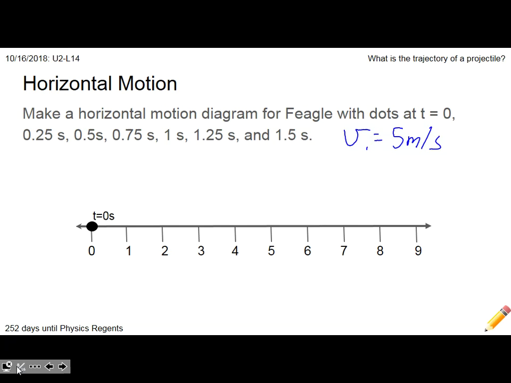Okay, so it starts at 0, right? That's my hint to get you started. So think about how far it should move every second and how you can figure out where it's located at these other times.